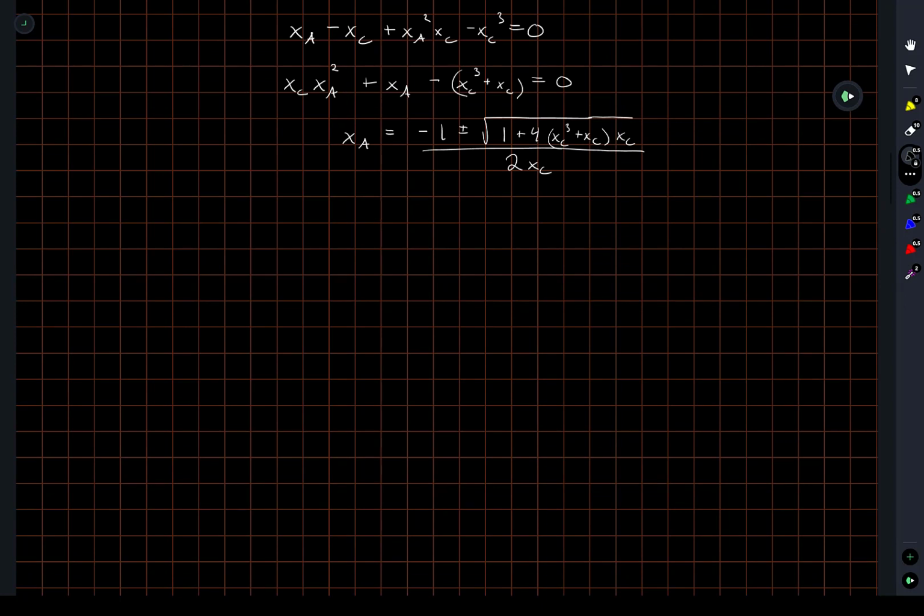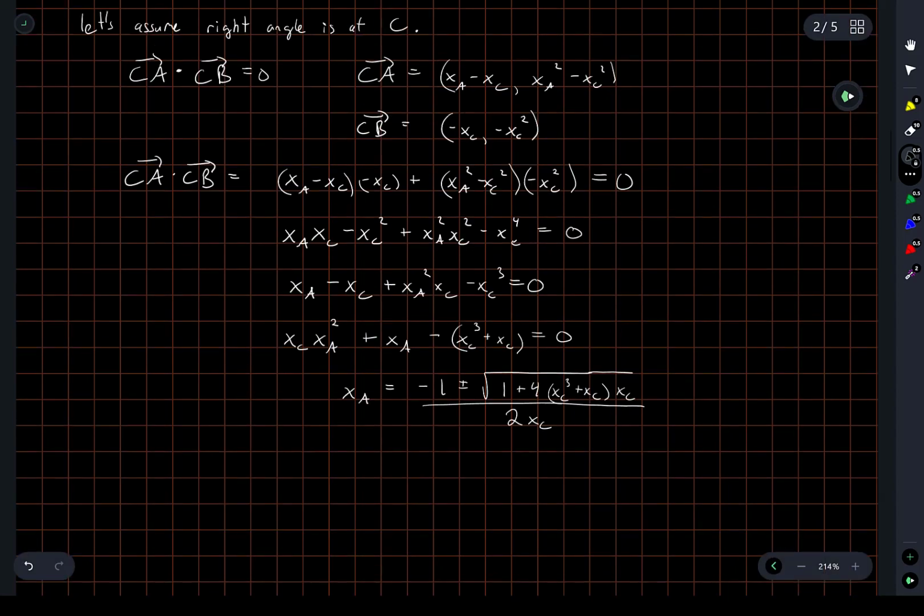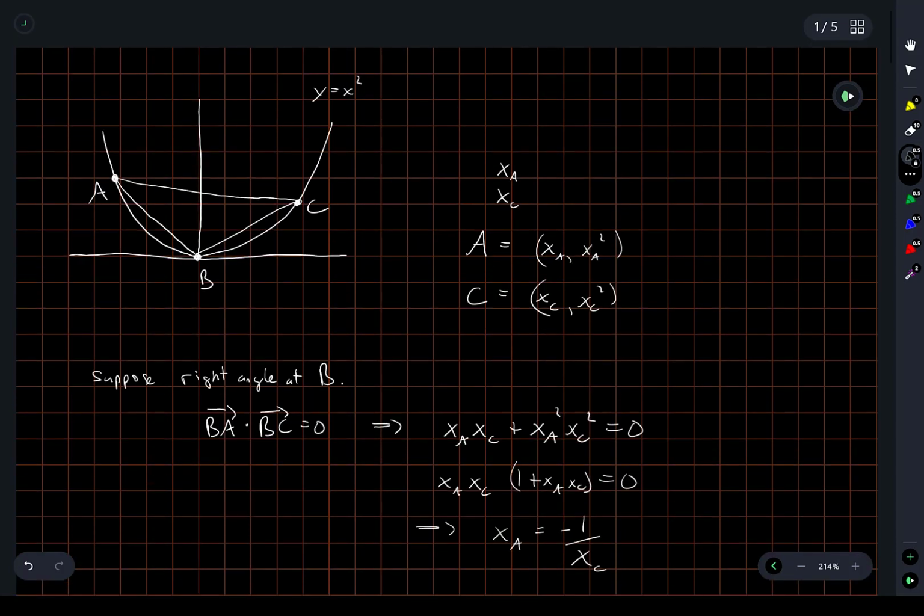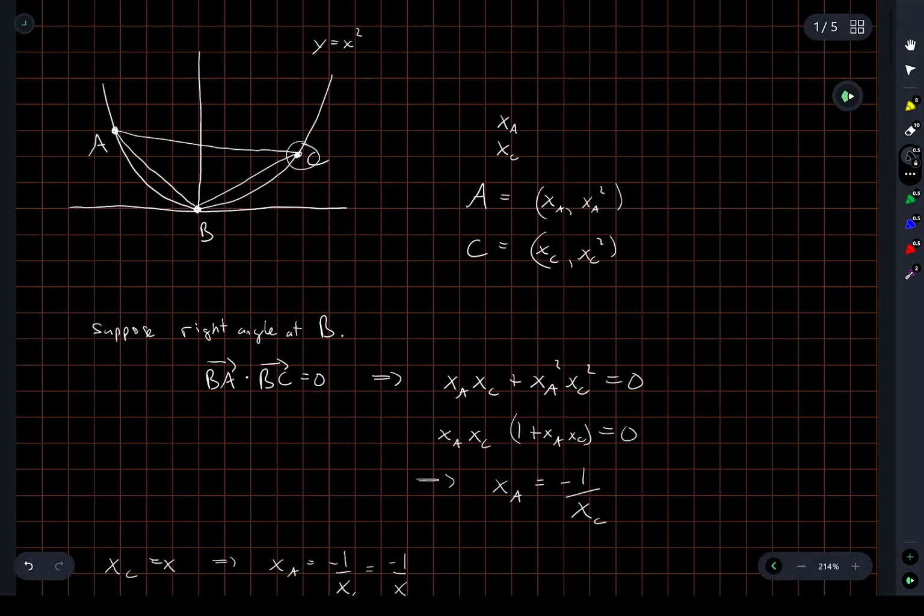So I have XA in terms of XC, assuming the right angle is at C. Now, if I assume the right angle is here at C, let me redraw this so it makes more sense. If the right angle is there, I'll try and make it at least somewhat to scale.